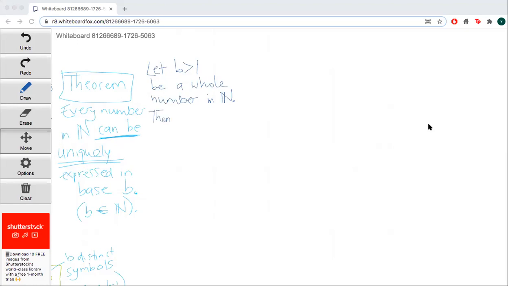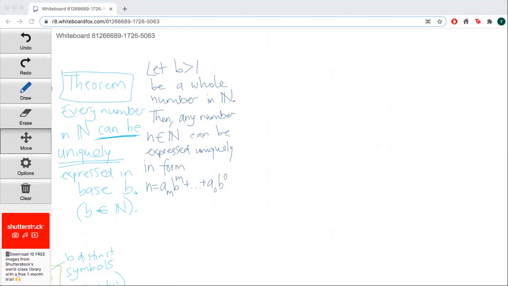Then any number n in the natural set can be expressed uniquely in the form n equals a_m b to the m plus ... plus a_0 b to the 0.